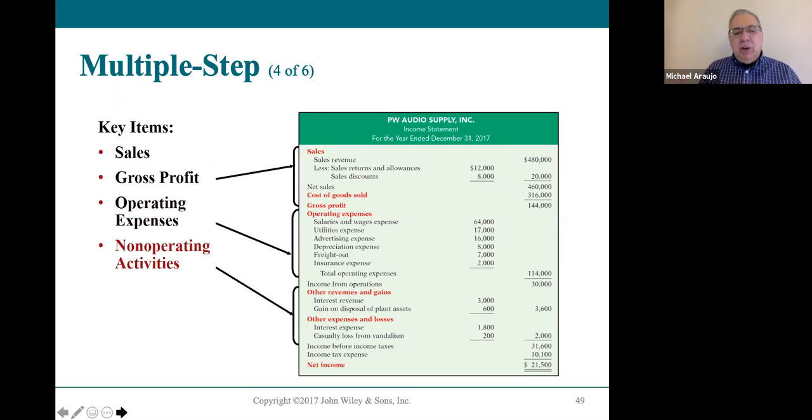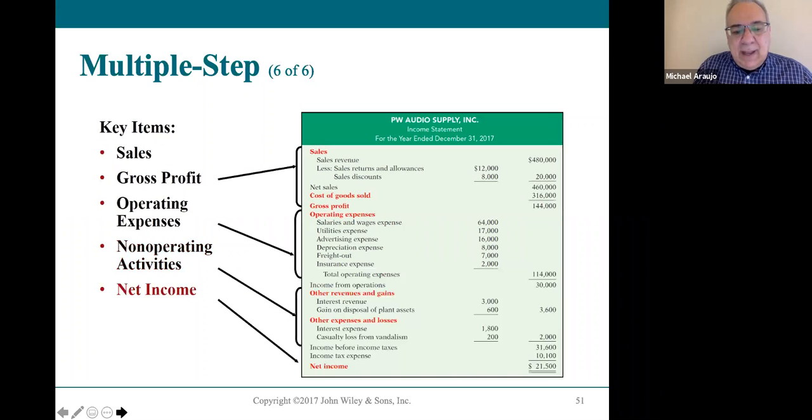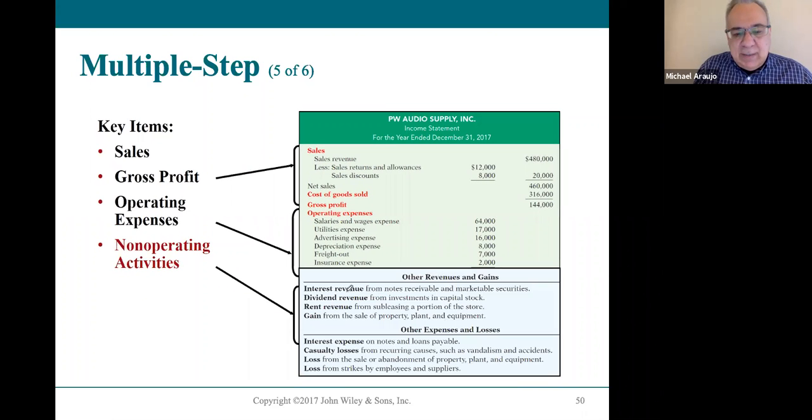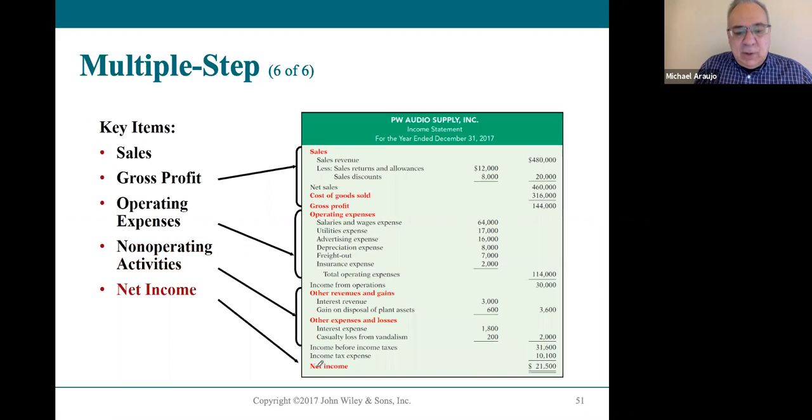Then you have something called non-operating activities, other things the business is doing that's either making them money or creating expenses for them, resulting in a gain or a loss. Again, your book explains some of these in a little more detail. And then, of course, your net income, the bottom line.